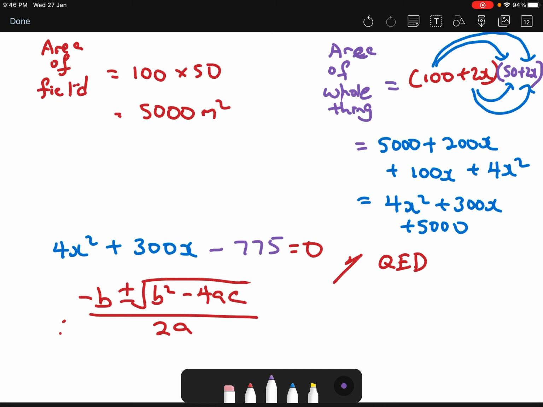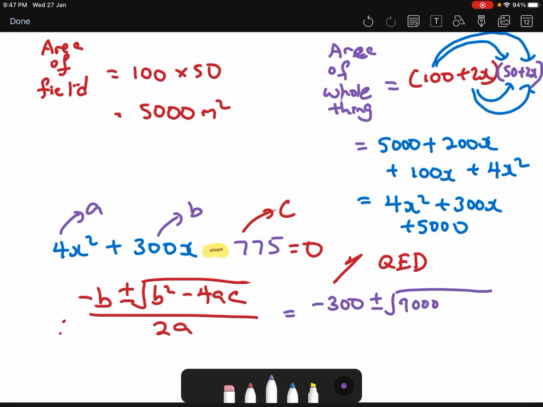Our a is 4, 300 is b, and negative 775 is c. Remember your negative is together with the 775. If you use a calculator, just plug in. Negative 300 plus minus square root, b squared is 300 squared, minus 4 times 4 times negative 775, divided by 2a. 2a is 2 times 4, which is 8.